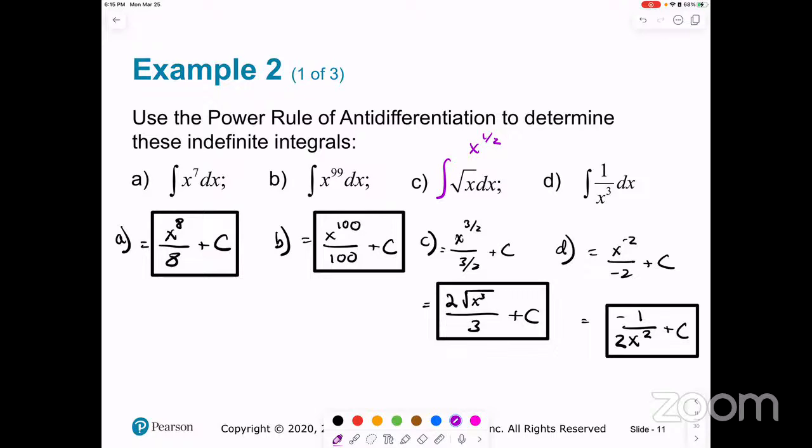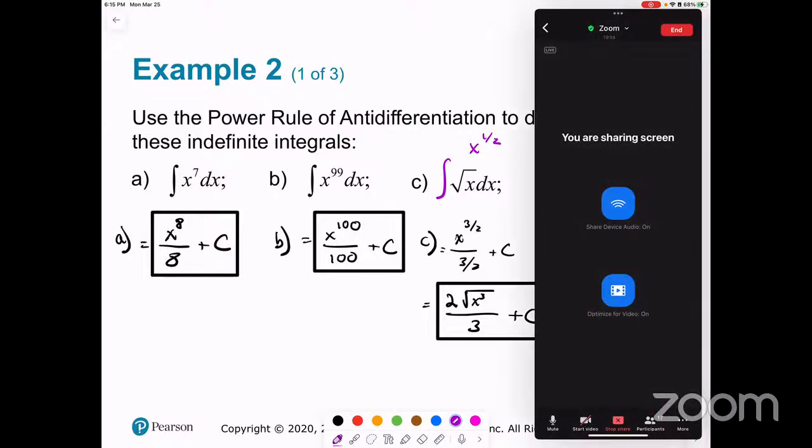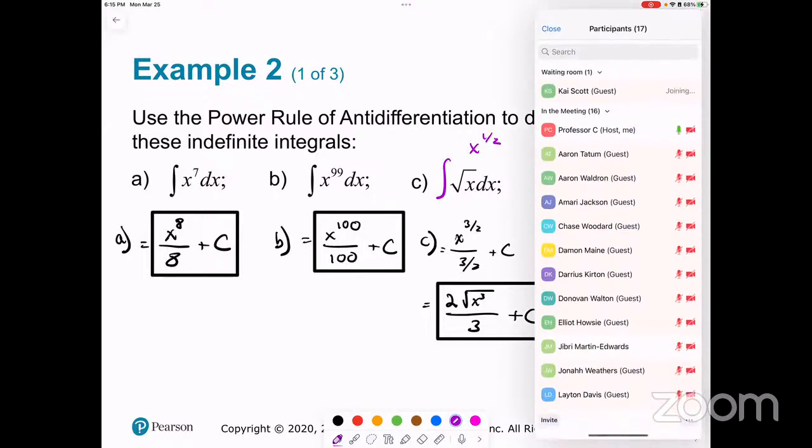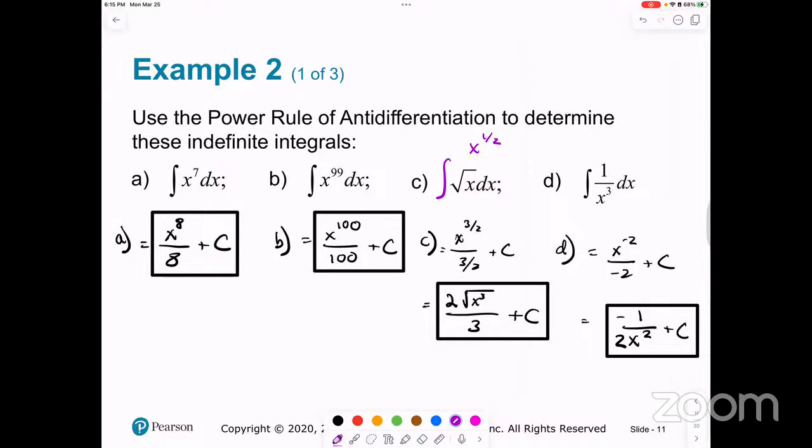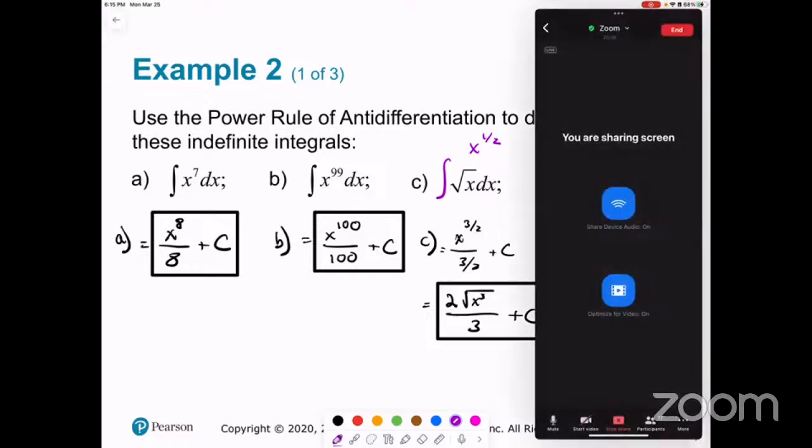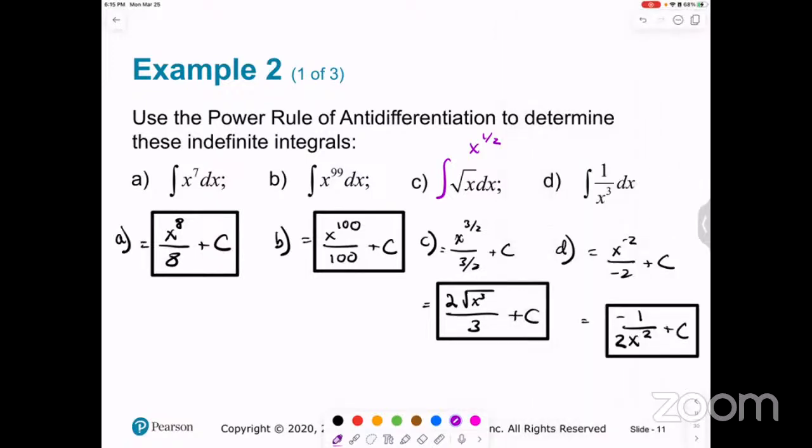Let me check my attendance one more time. I think you guys are good. Nope, glad I checked it. That's the only Scott I have. Let me check one other thing. Okay, that looks good. We did lose somebody. I'm not going to make a big deal about it. We are missing one, but that's not a big deal.